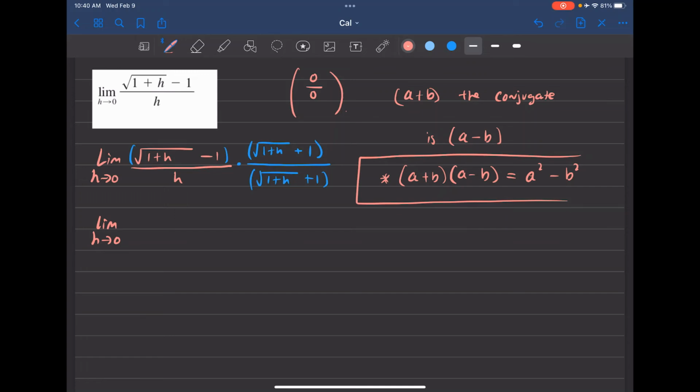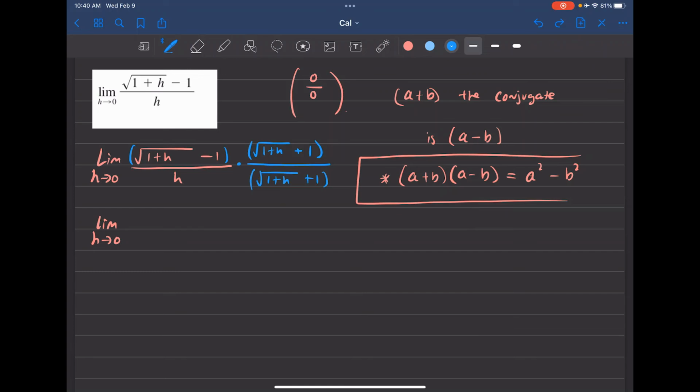Now on top, of course, when you multiply by the conjugate, you get this difference of two perfect squares. So think of this as your a term, and this is your b term. So if I multiply a plus b with a minus b, I get a squared minus b squared.